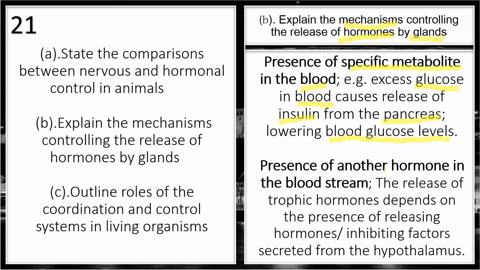Presence of another hormone in the bloodstream. The release of trophic hormones depends on the presence of the releasing hormone or inhibiting factors secreted by the hypothalamus.